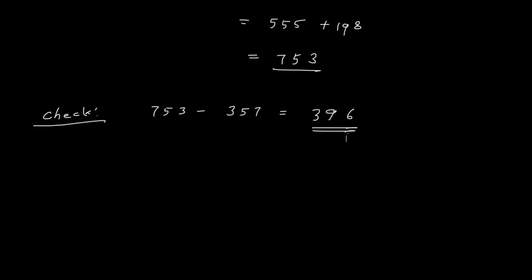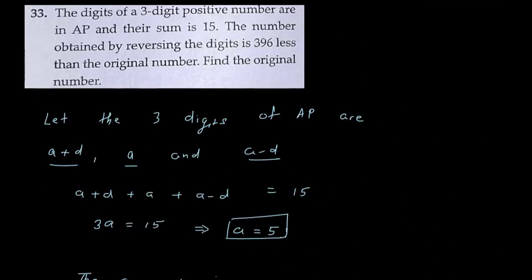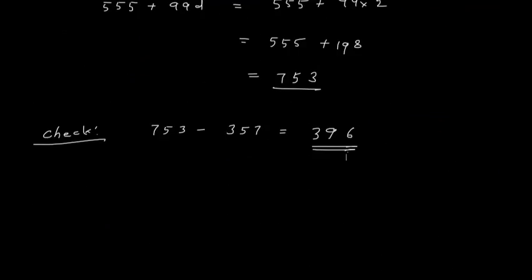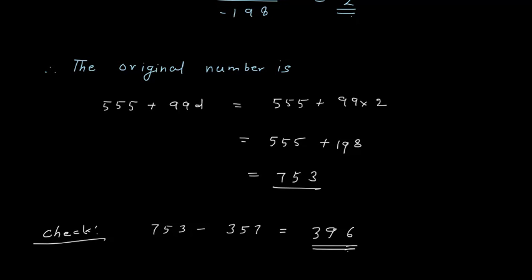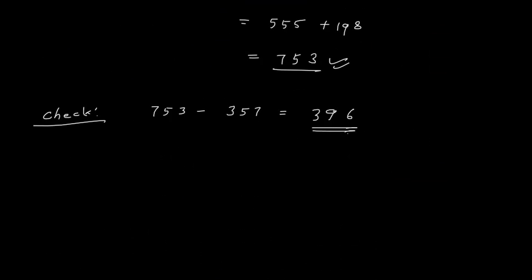So the difference is 396, which is the required difference. We have to find the original number only, so the original number is 753. We checked it; if we had made any mistake, we would not get 396.